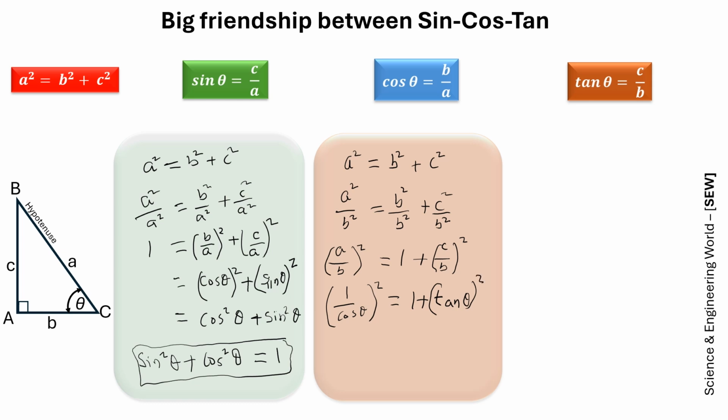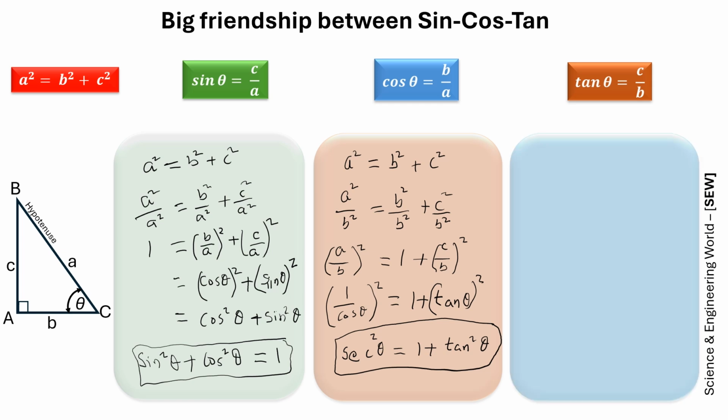Now 1 over cos, which is the inverse of cos, is known as secant. So we are going to have sec squared theta equal to 1 plus tan squared theta. So that is the second relationship we are building. That brings in another term which we are going to look at later on. That's sec. Then let's go to the third one here.